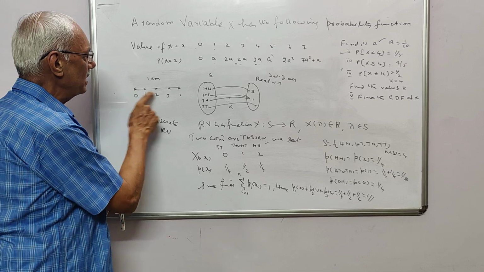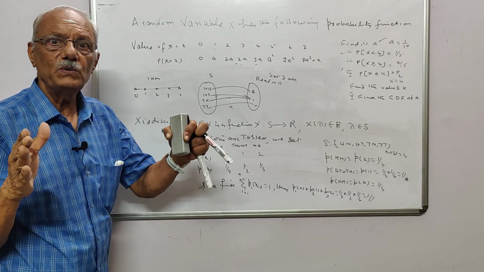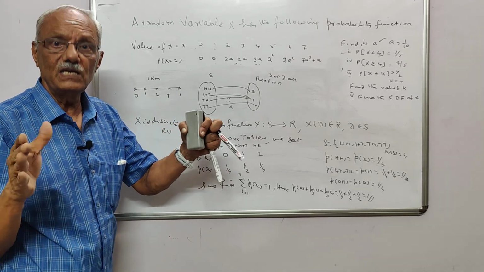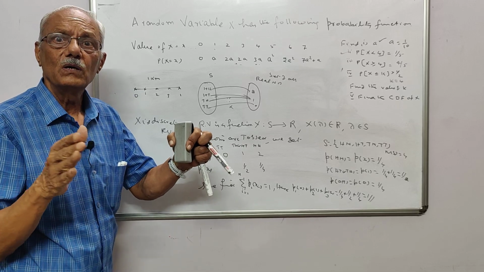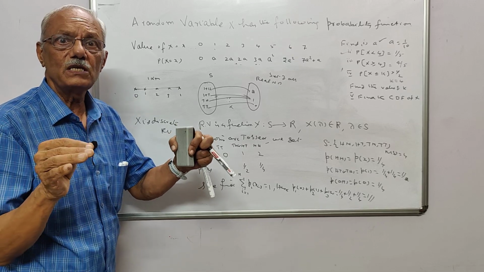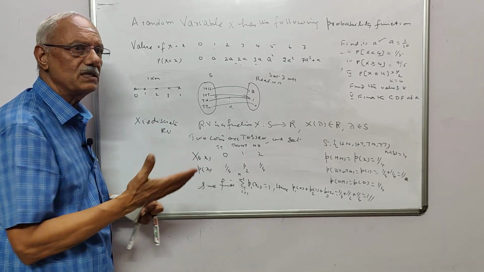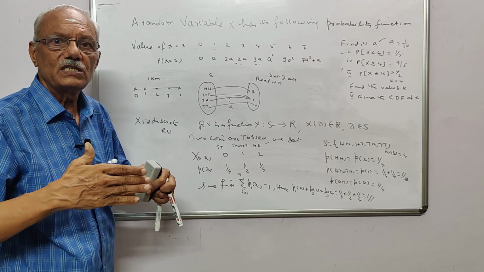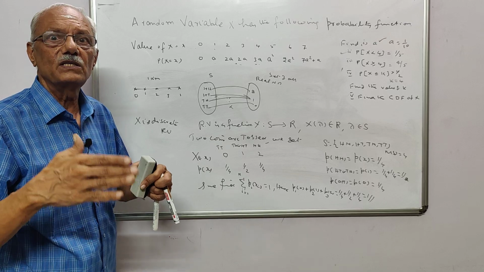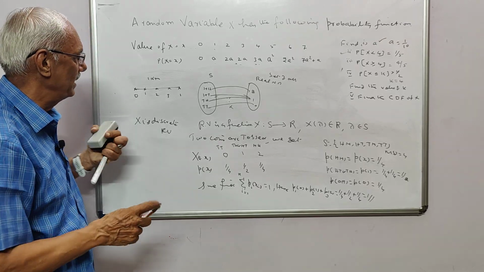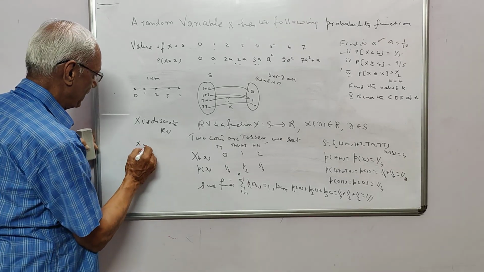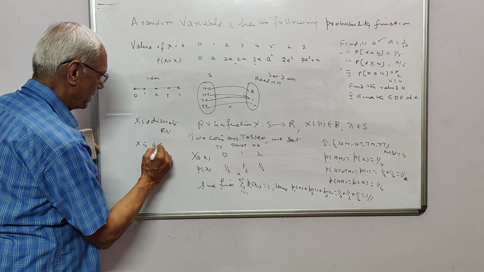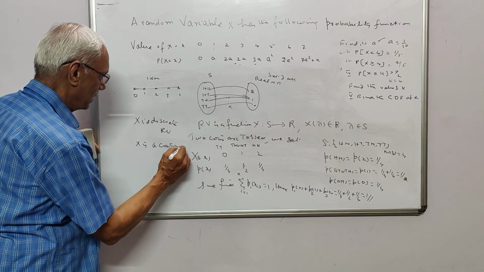It is between two limits, an interval, so it may be 0 to 1 kilometer distance. Since it goes continuously, x is a continuous random variable.